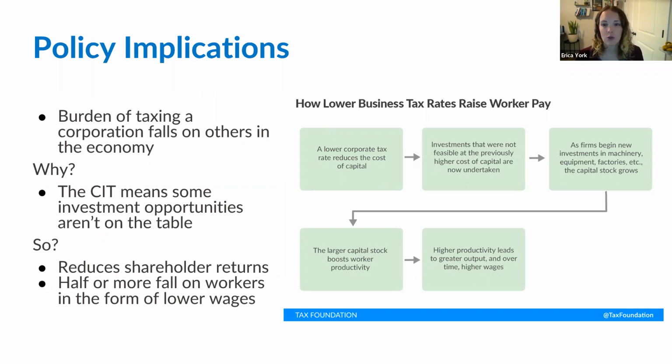So in response to a corporate tax change, it's easier for businesses to say, I'm going to make my next investment elsewhere, than it is for workers to move in response to a corporate tax. So that means workers are left holding the bag.